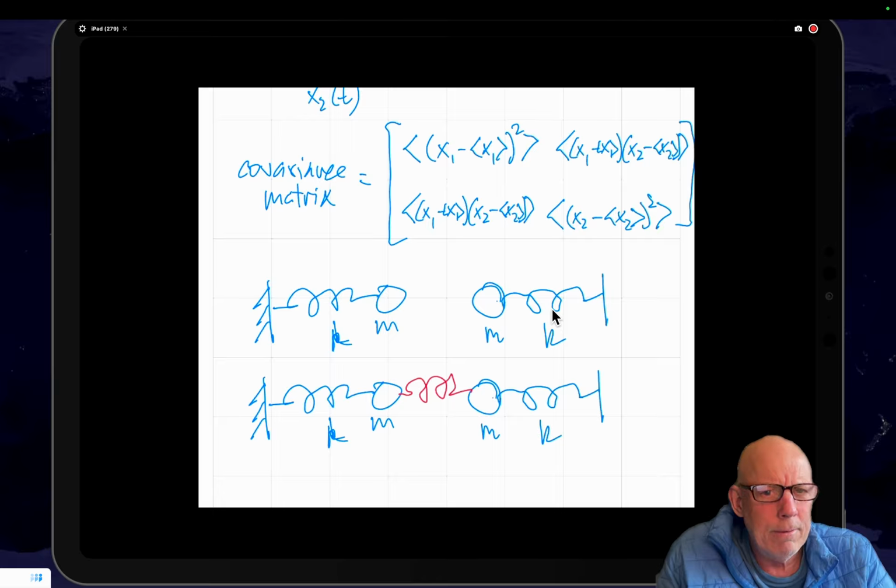In other words, the off-diagonal elements will be non-zero.